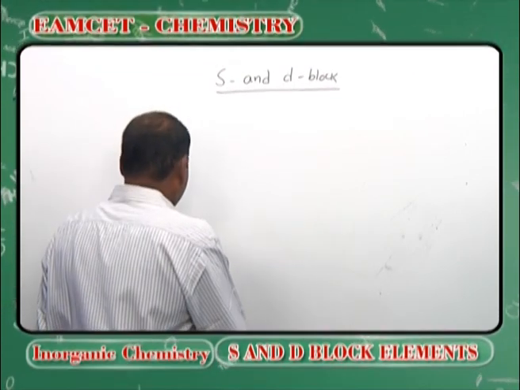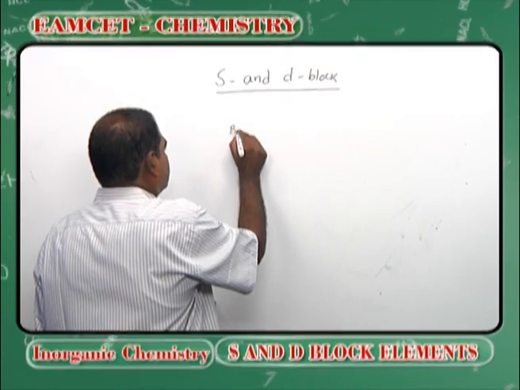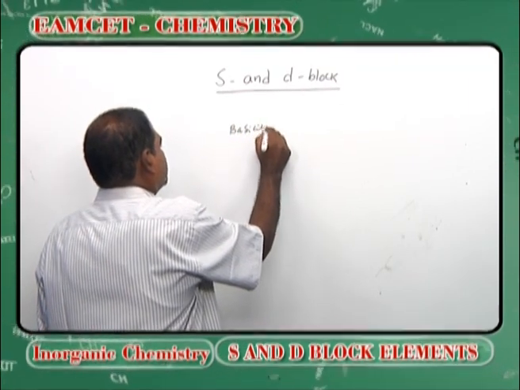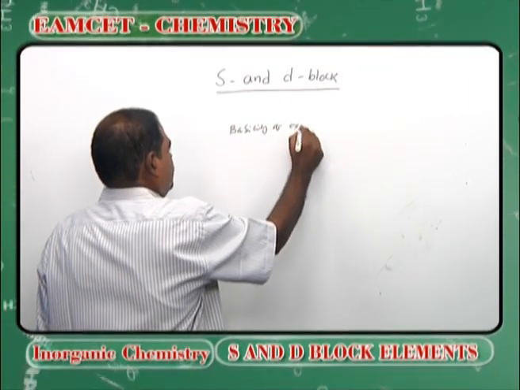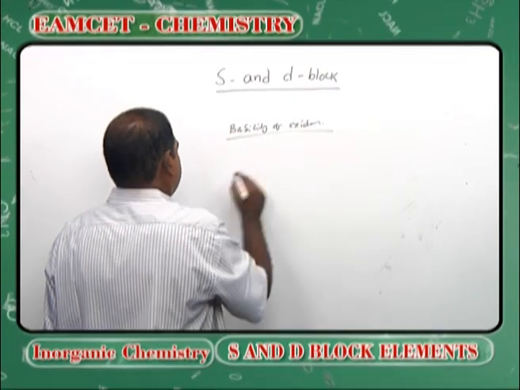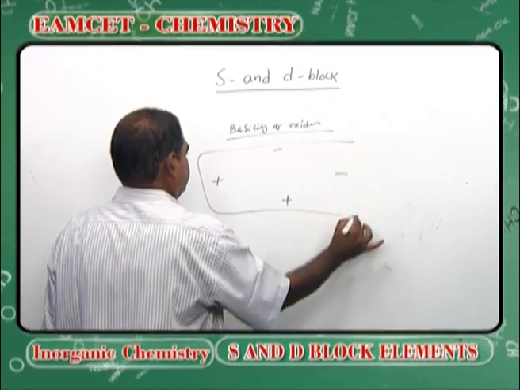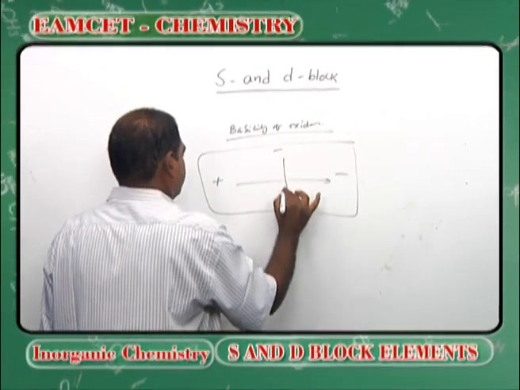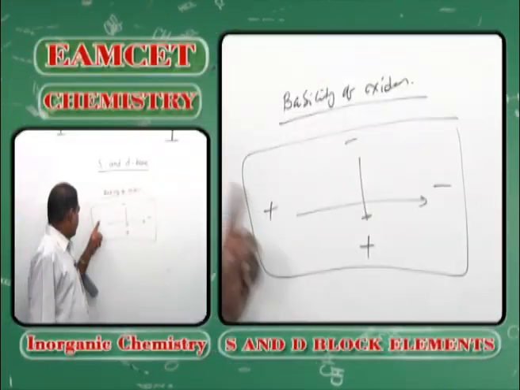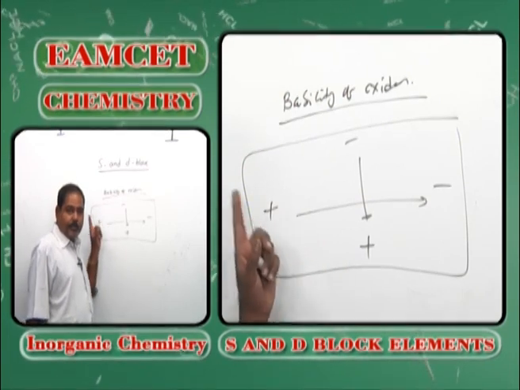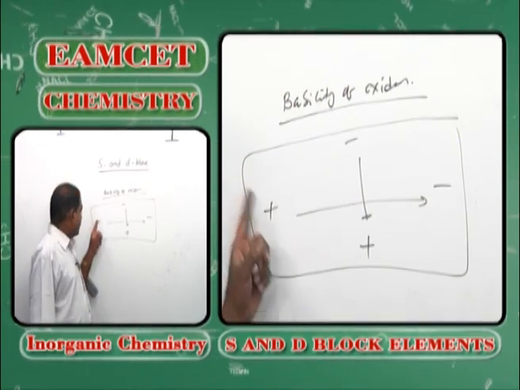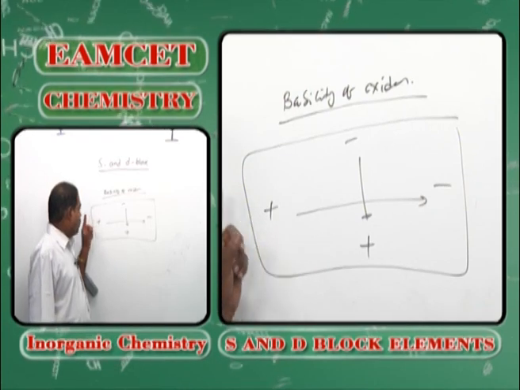And now, basicity of oxides, we have already discussed that. If you remember basicity of oxides, plus, minus, minus, plus. What is this plus, minus, minus, plus business? Plus means electropositive, metallic, and oxides are basic.